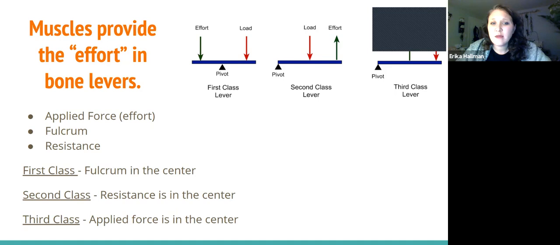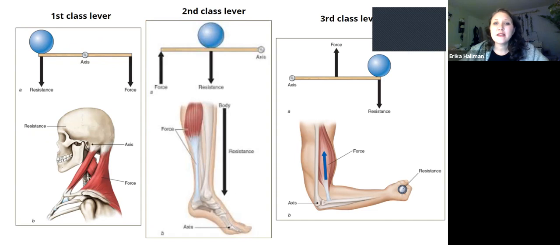Second class levers are named because the resistance or the load is in the center. And third class have the force or the effort in the center. So we can see examples of first, second, and third class levers in our body, and we work with this concept in a lab in our class called the Bones as Lever Lab, where we'll go through and classify different bones in your body.